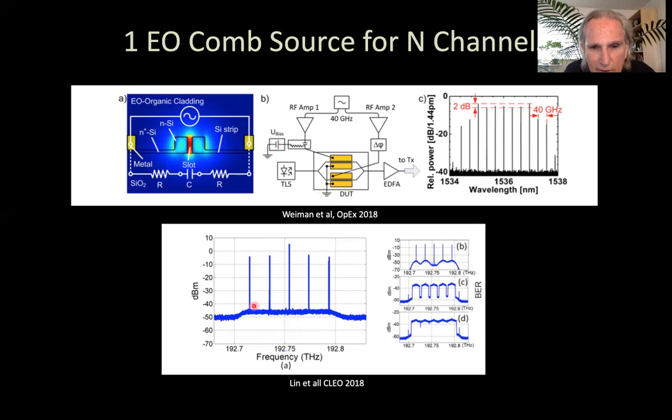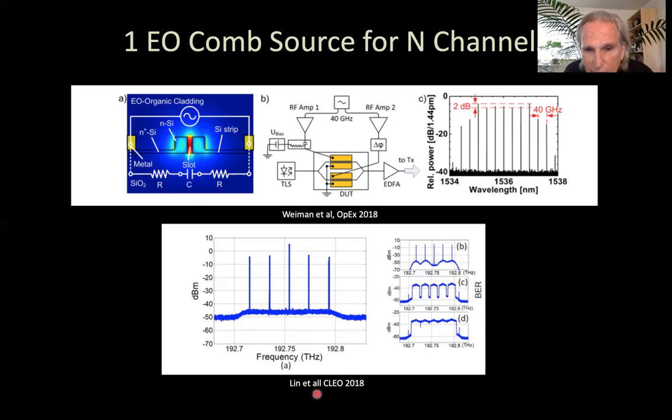But here we've got 5 channels out of one optical source and one microwave source. And these are spaced so that you could put 40 gigabit modulation on each one of these, and they'd fit perfectly. They fit one to the other because there's a fixed relation between them.